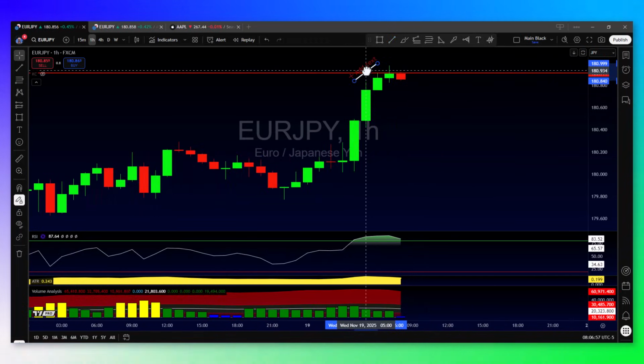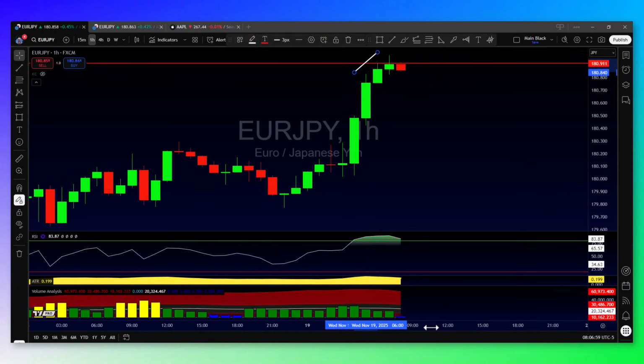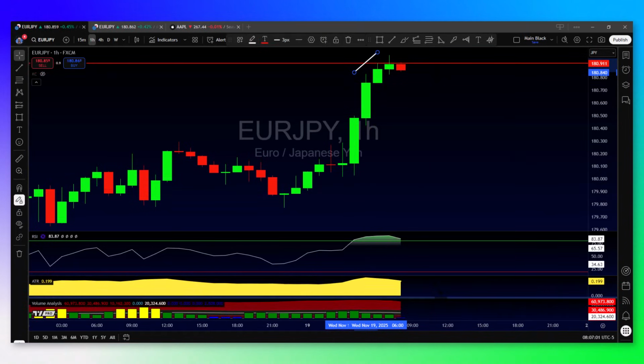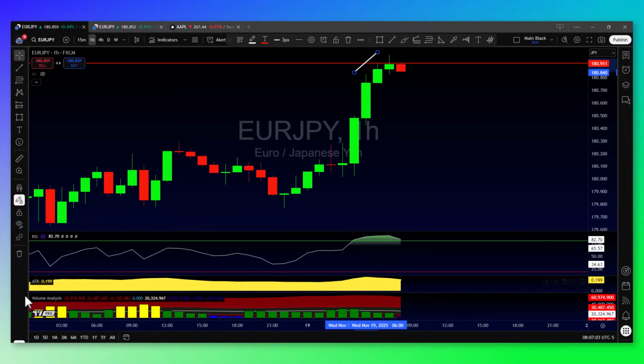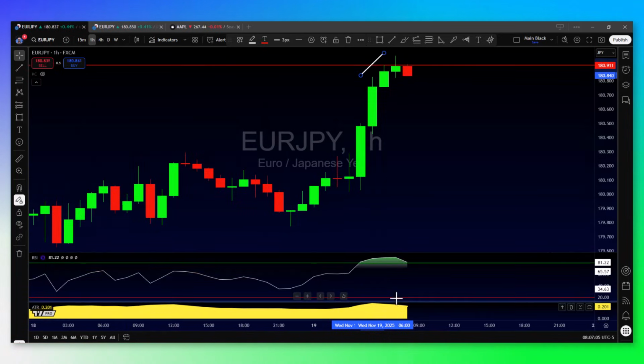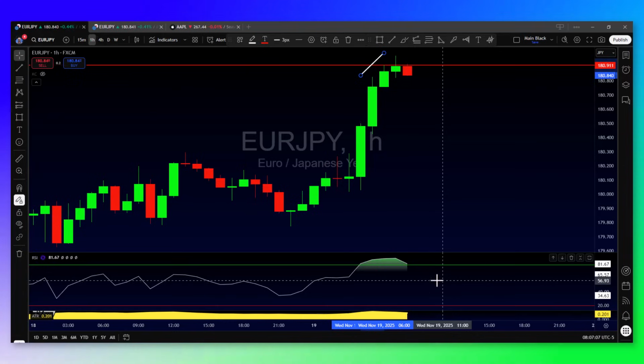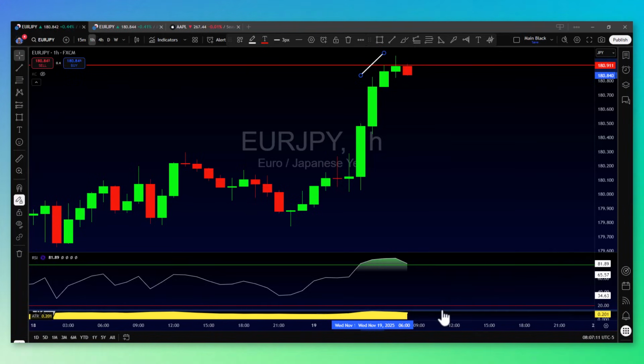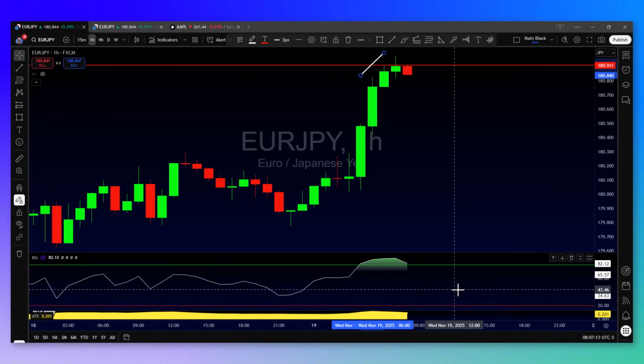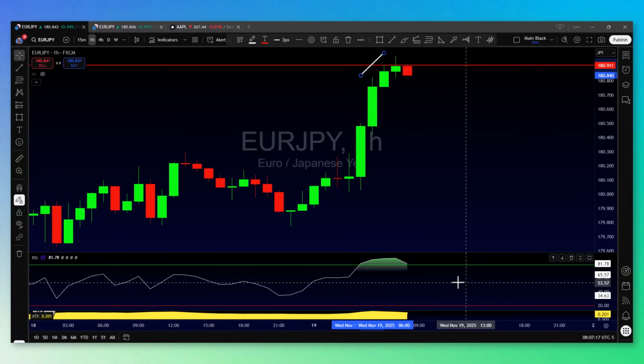Is there any clue on the chart that would give confluence with deceleration? Perhaps an indicator? Yeah, the RSI still is massively overbought, right?